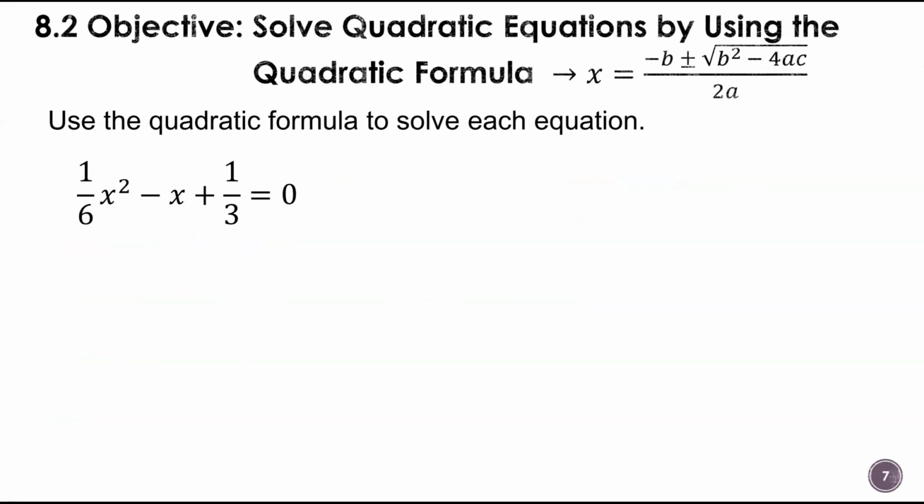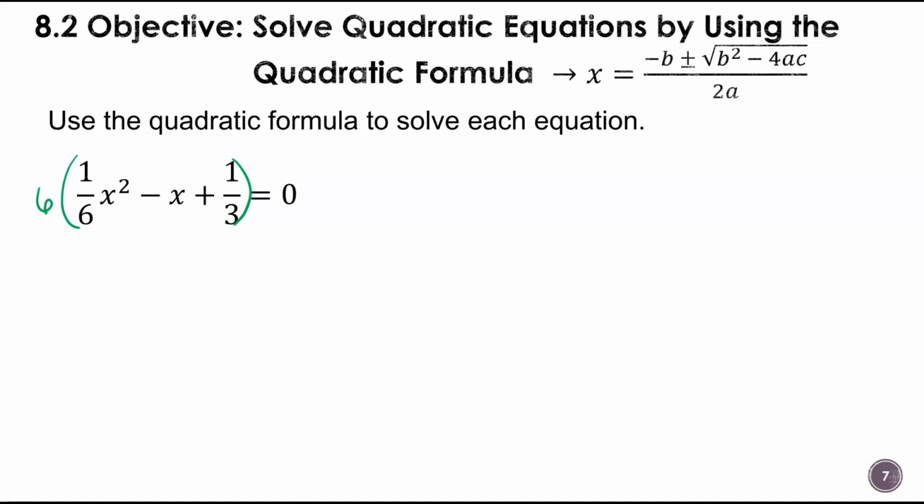So on this, don't ever try to put fractions into your formula. Students try that sometimes, and most of the time they never get through the whole thing because it gets confusing when you have these fractions. So what would we do? Well, we would clear the fractions. We don't want to try to work with these kind of fractions.